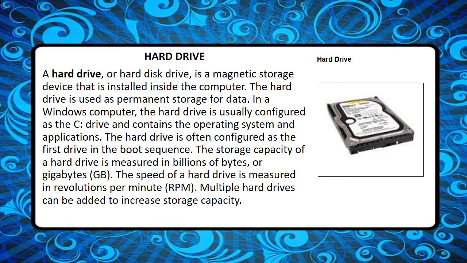The hard drive is often configured as the first drive in the boot sequence, and its storage capacity is measured in billions of bytes or gigabytes. The speed of a hard drive is measured in revolutions per minute or RPM. Multiple hard drives can be added to increase storage capacity.